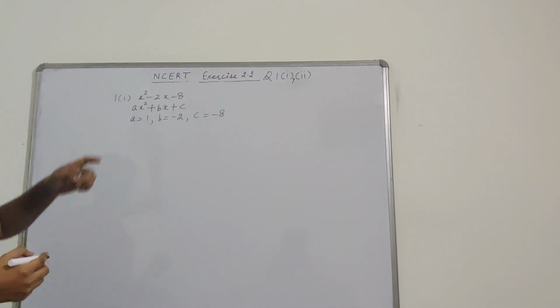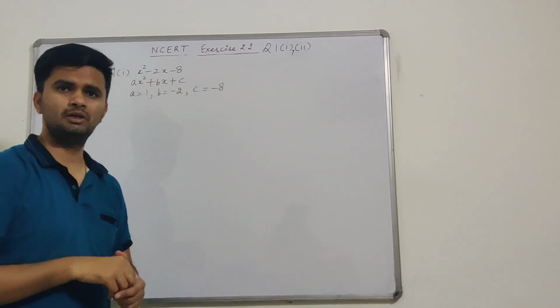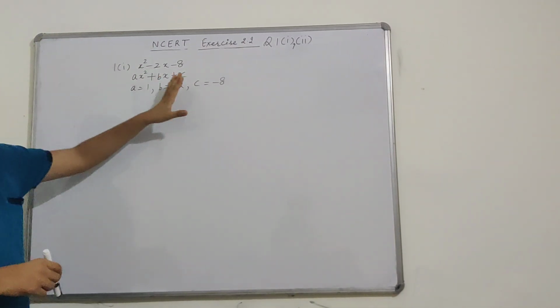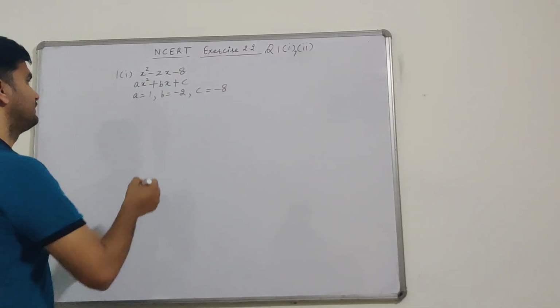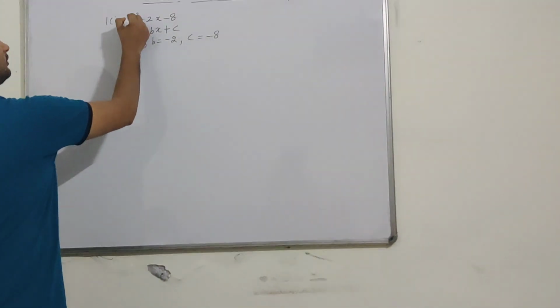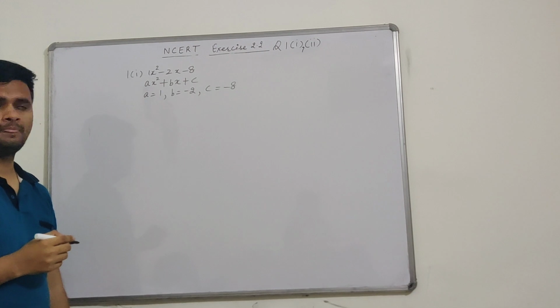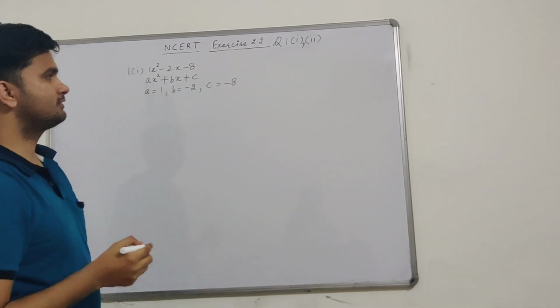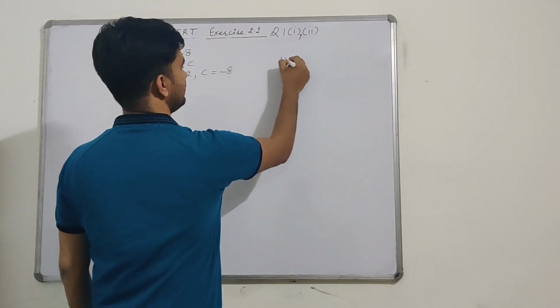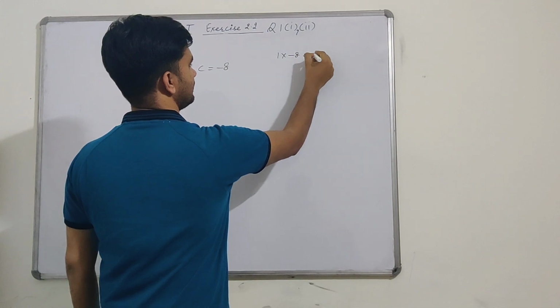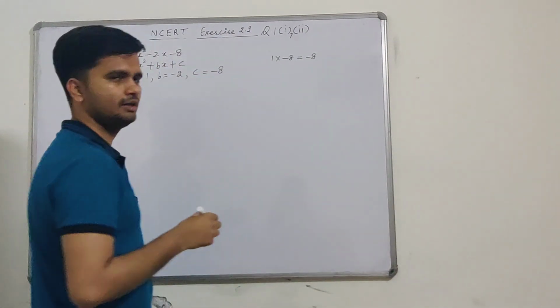Now how can we find the zeros of this polynomial? First part is to find the zeros of this polynomial. See here, the coefficient of x square is 1. It will multiply with this constant term. 1 into minus 8 is equal to minus 8.